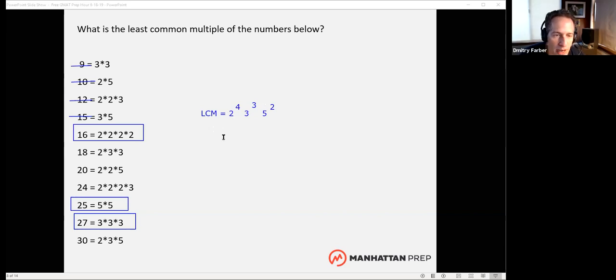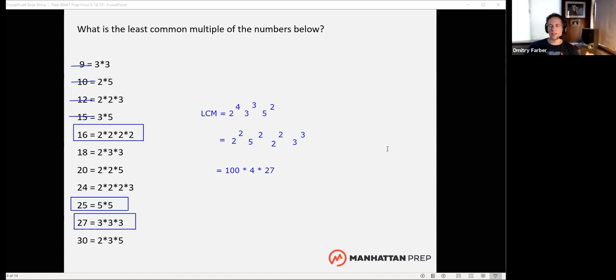So if I know that 2 squared and 5 squared will be 10 times 10 or 100, then I can take another 2 squared and 3 cubed. So I'll have 100 times 4 times 27.